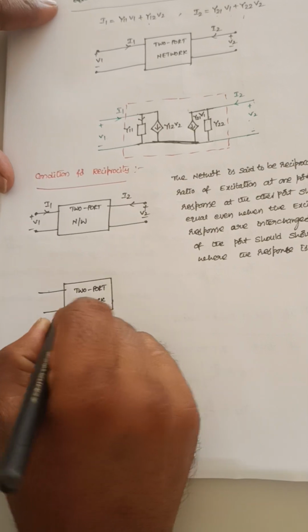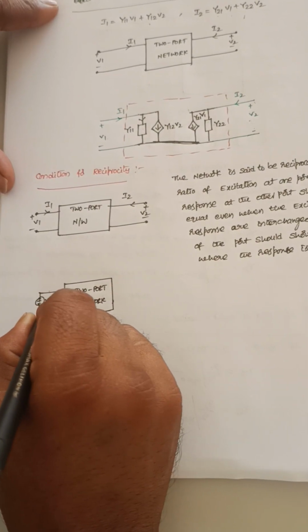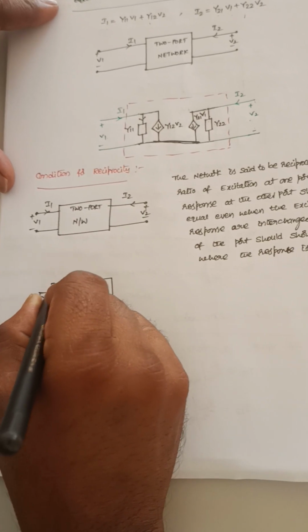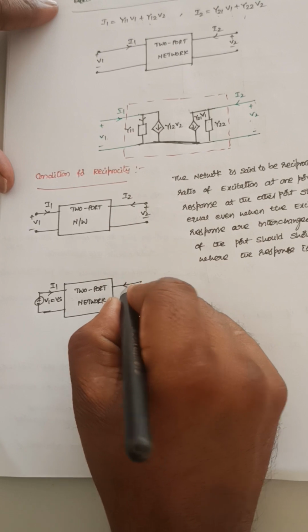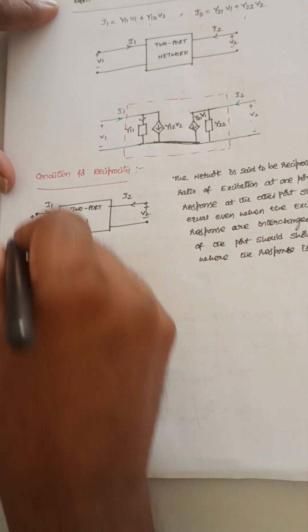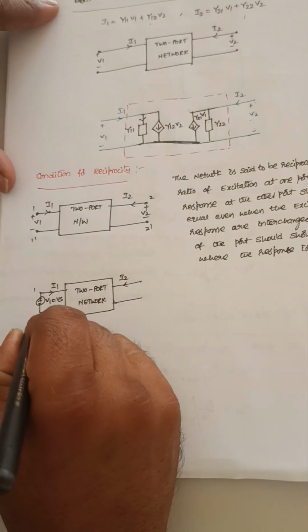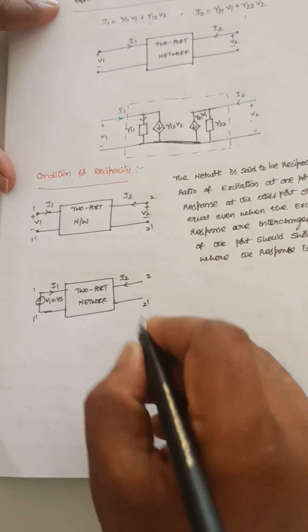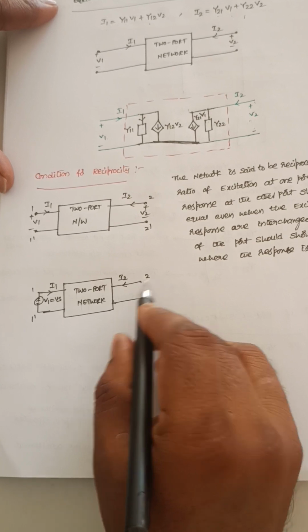I am taking the excitation here, plus and minus, V1 is equal to Vs, and the current here is I1, and the response I am calculating at port 2, 1 dash, 2 dash, and where we are calculating the response, that should be short circuited.